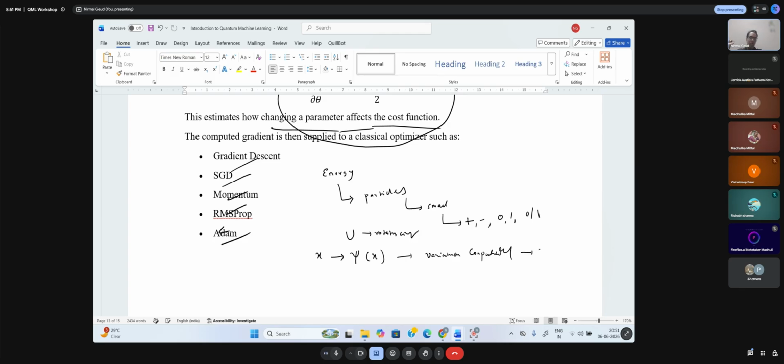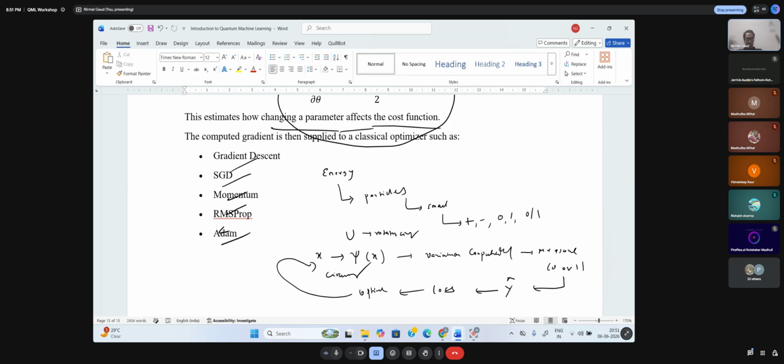Then we are going to measure it. For measurement, we will convert these quantum results into classical ones, 0 or 1. Then we do the prediction, and after prediction we calculate the loss or the error, and then we can optimize the loss and rerun the circuit. This is the hybrid model, quantum machine learning.